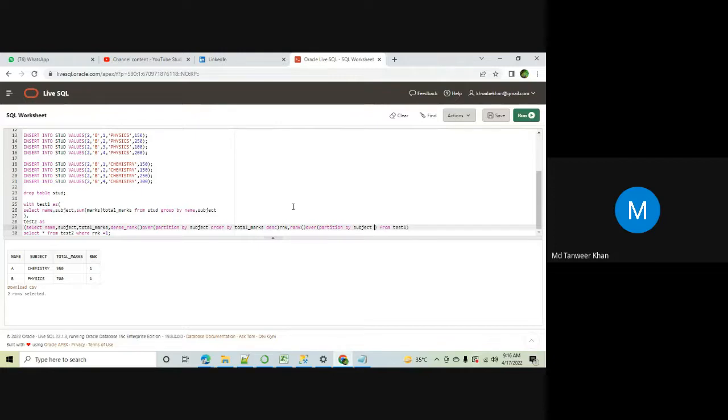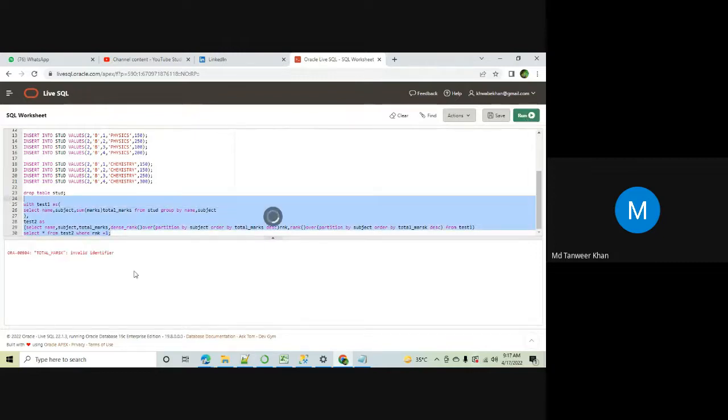See, first of all, I'm showing you rank. Partition by subject, order by marks descending. First of all, let me show you that this will give you the same output. Then dense rank.